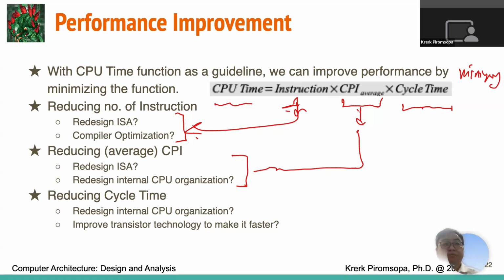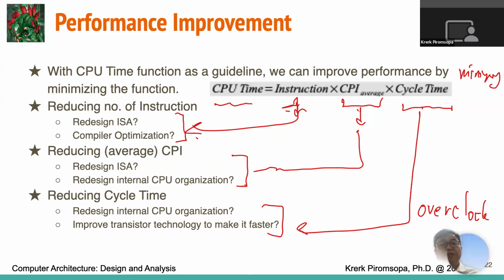How? Make the clock faster. Well, the proper way to make the clock faster is that you have to redesign the internal organization of the processor so that you can put faster clock, or you can cheat by do overclock.